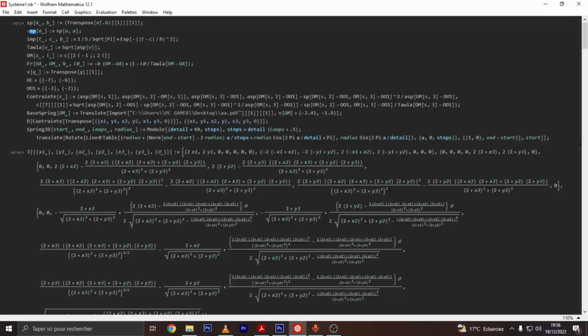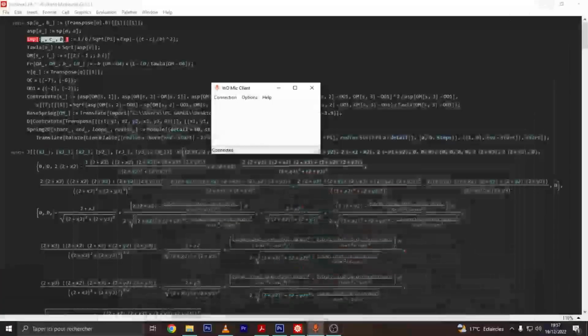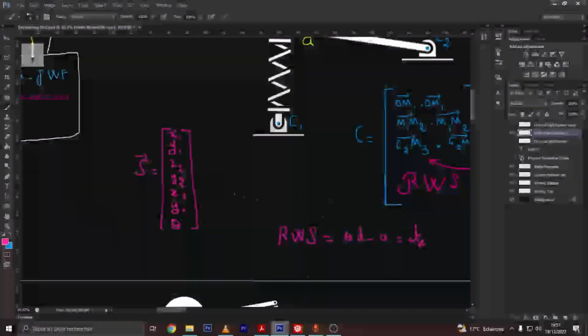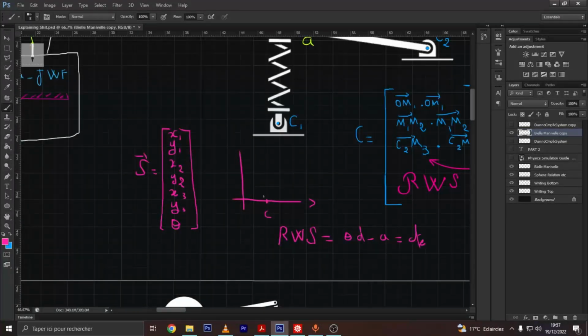Of course, the auto scalar product of a vector is just the scalar product of the vector with itself. I define an impulse here. Why did I define this impulse? This impulse is just a signal in this form. It just takes c and b as parameters, and it outputs this function.